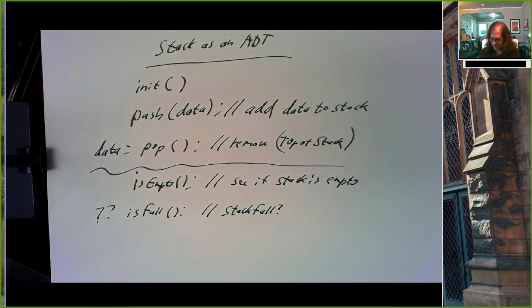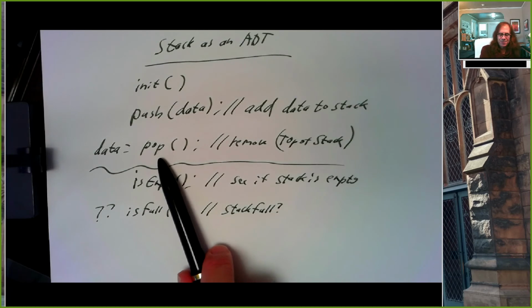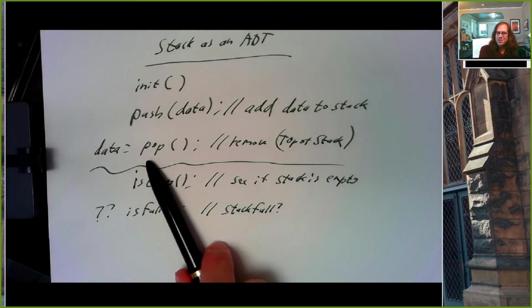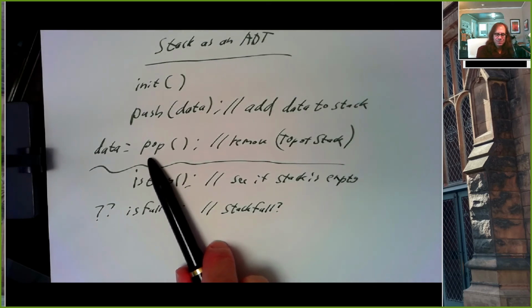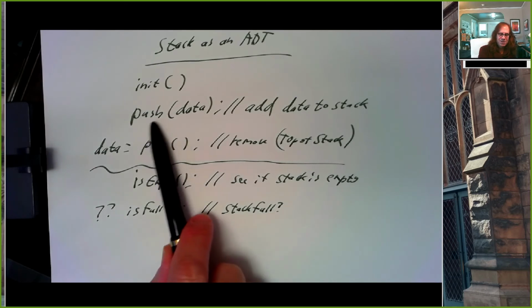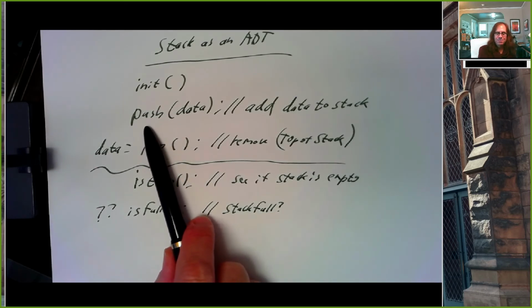Depending on how you implement your stack, it might have a fixed size, or it might be allowed to consume however much resource it needs. And so when we pop, we need to deal with the possibility that we're trying to remove something from a stack that's empty. And when we try to push, we need to deal with the possibility that maybe there's no space left to push anything more onto the stack. Maybe we're out of memory.